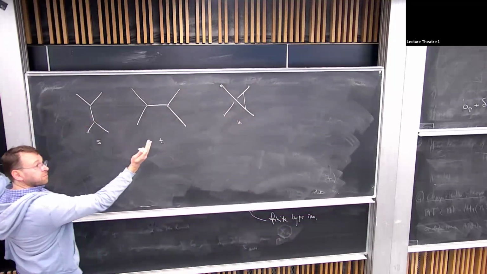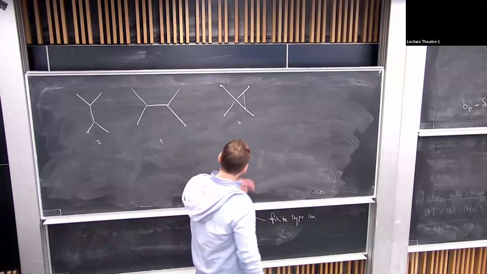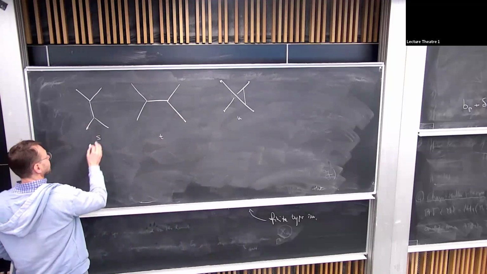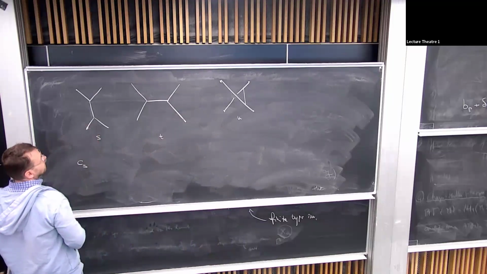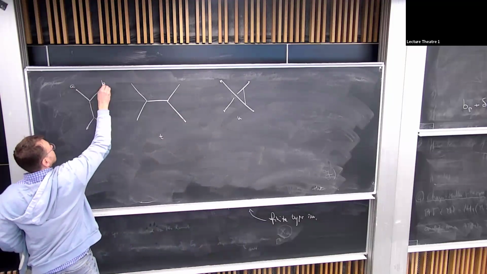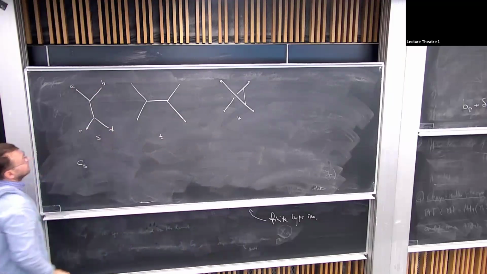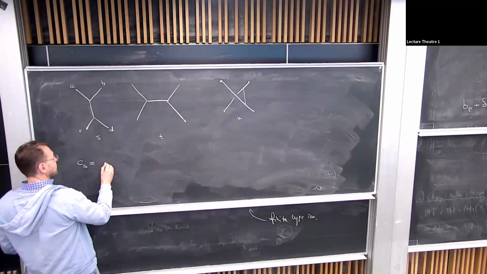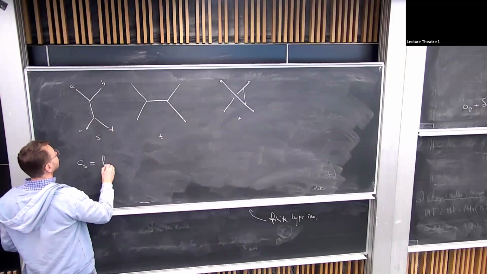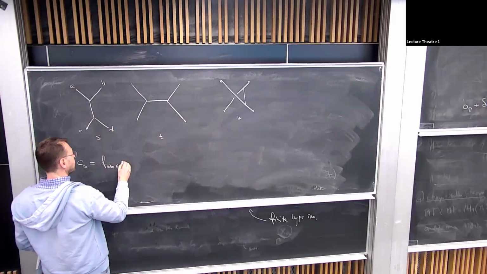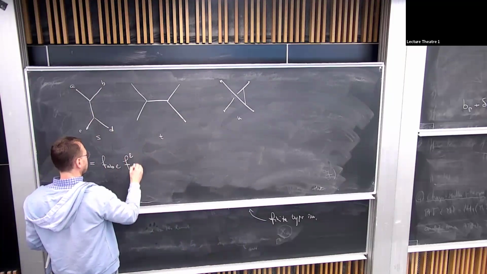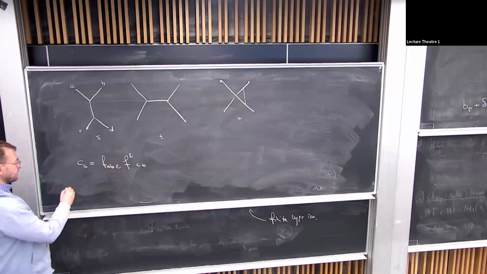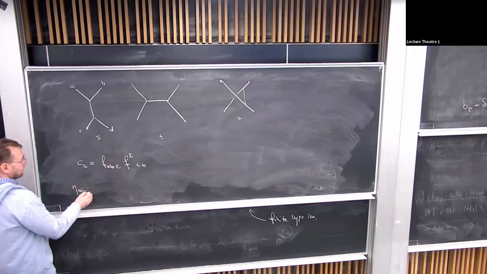So imagine this is a bigger diagram, but I look at it. If I concentrate on this CS factor, let me pull out A, B, C, D. If I ignore everything else, this will look like something like F of A, B, L, F of L, C. Again, raising and lowering indices, I'm using my invariant metric.